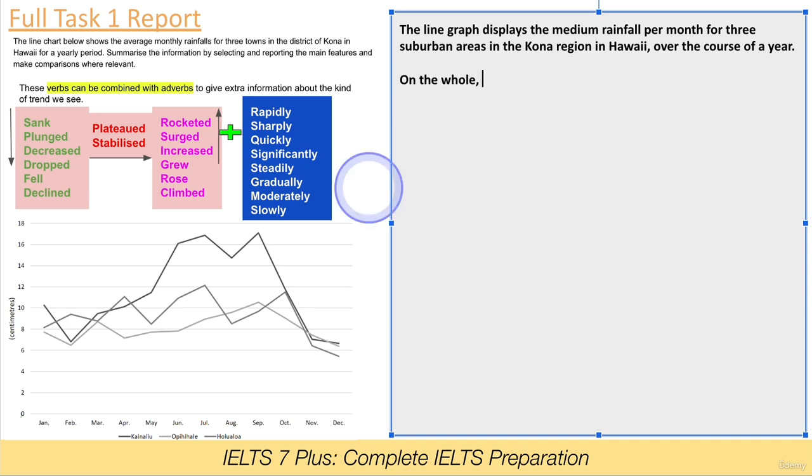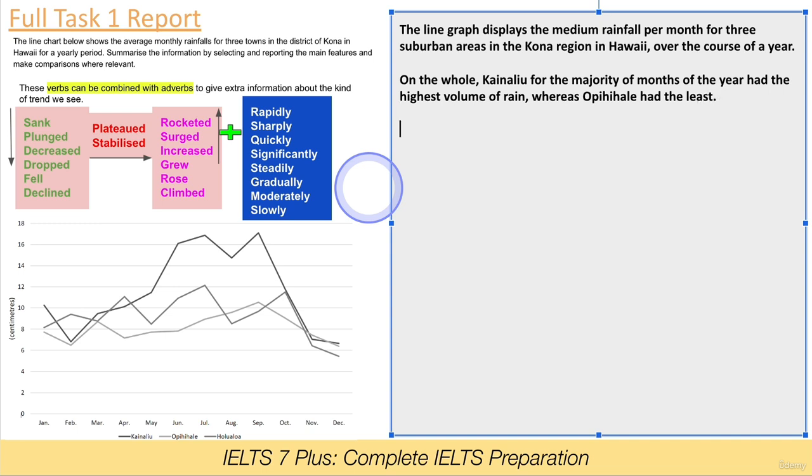We can start by saying something like, on the whole, Kainaliu, for the majority of months out of the year, has the highest volume of rain, whereas, and we're using capitals for the proper nouns, Opihihale had the least.